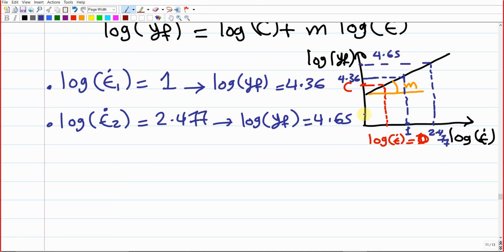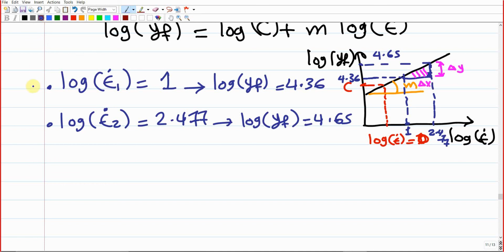So what should M be? Simply using these two points, we can set up this triangular shape to end up with the slope. The slope is going to be the difference, delta y over delta x, right?